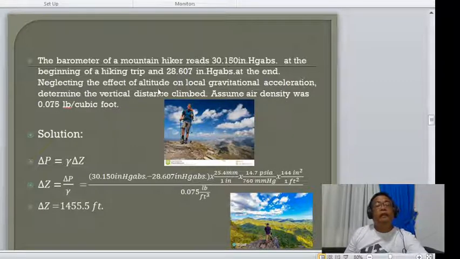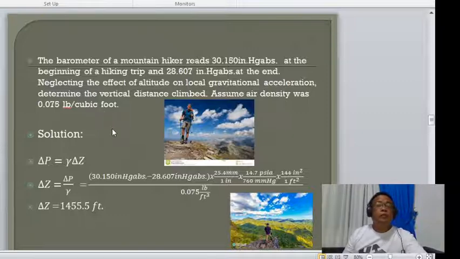Neglecting the effect of altitude on local gravitational acceleration, determine the vertical distance climbed. Assume air density was 0.075 pound per cubic foot.